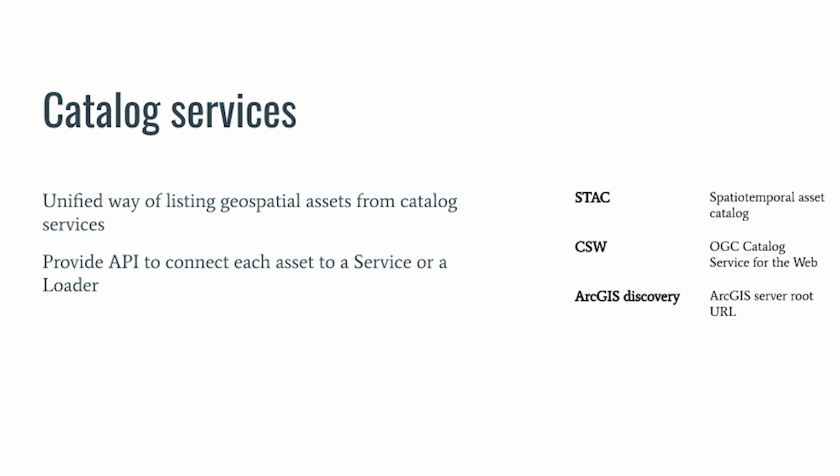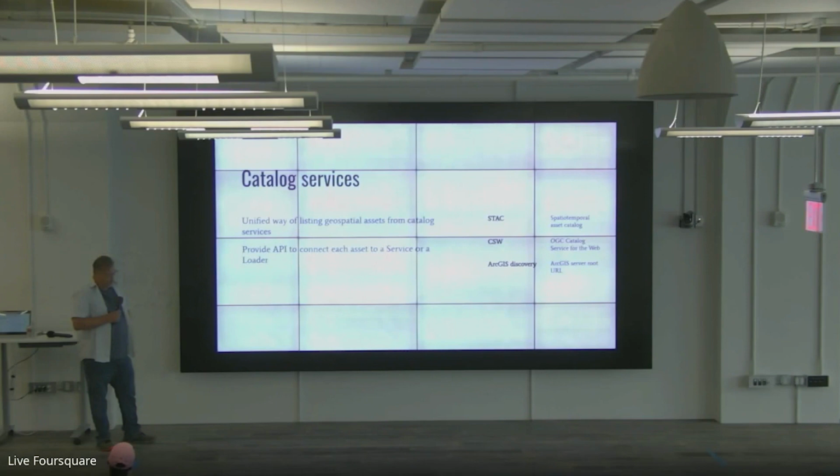So we're experimenting with providing in loaders.gl also the ability to connect to different services and getting back some kind of unified format, a list of all the assets, and then also providing enough information so that you can automatically select the right loaders or services and so on for accessing that particular data.